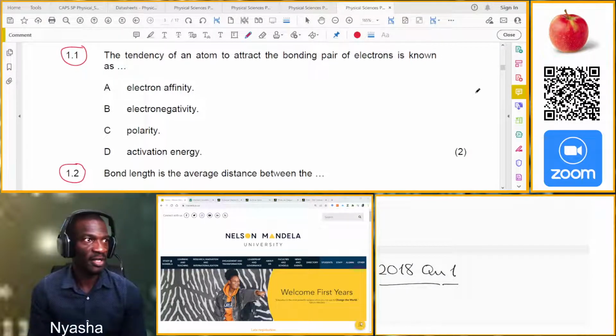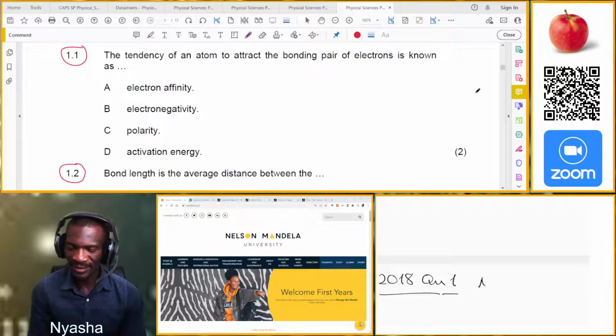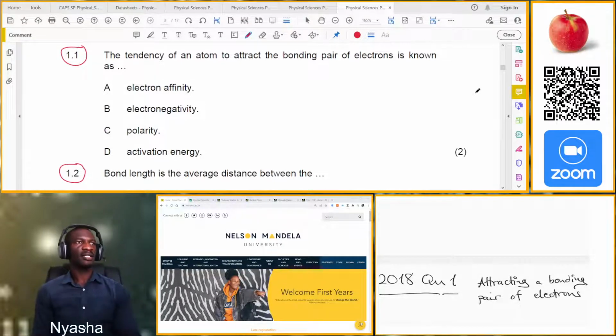So we have electron affinity, electronegativity, polarity, activation energy. This has to do with attracting a bonding pair of electrons.